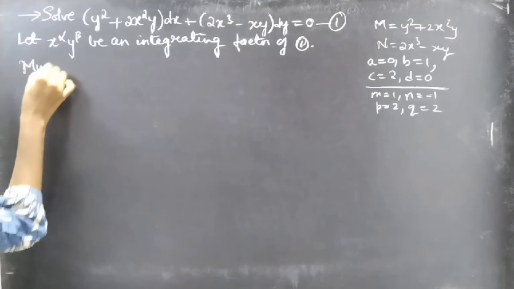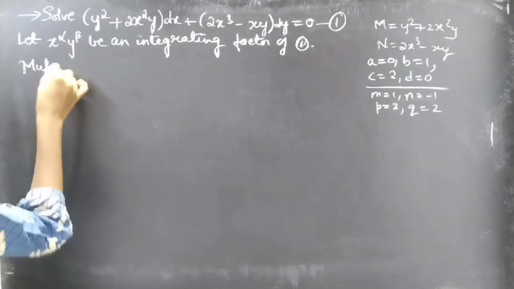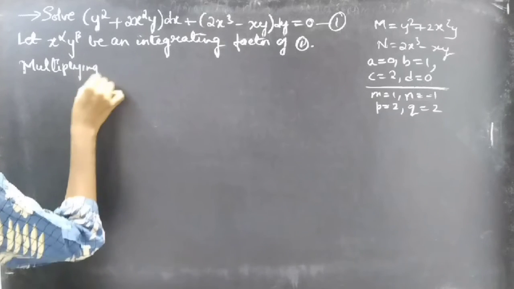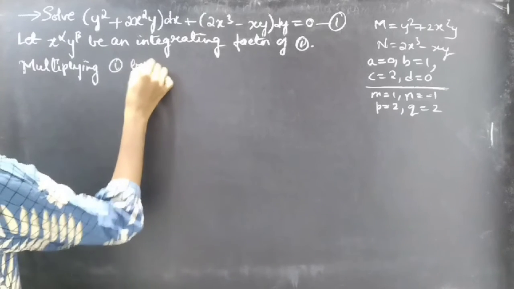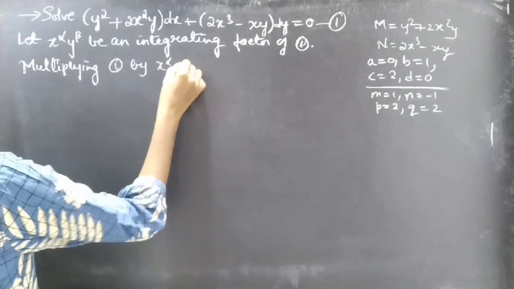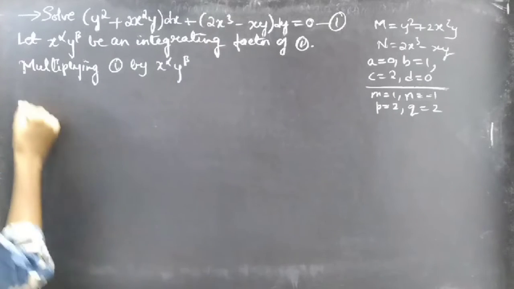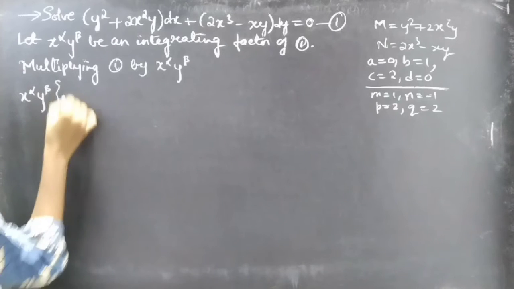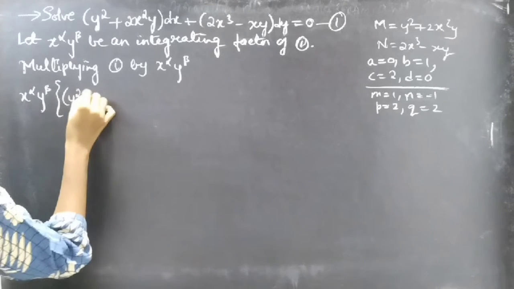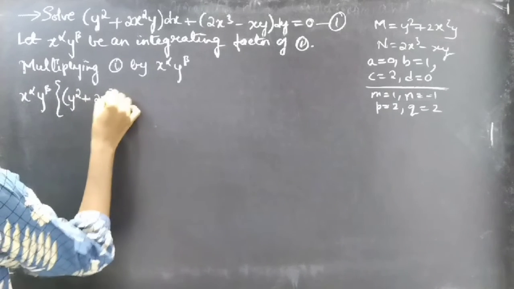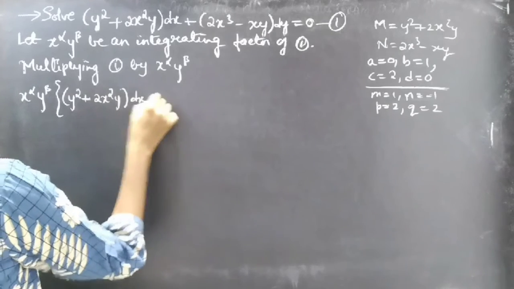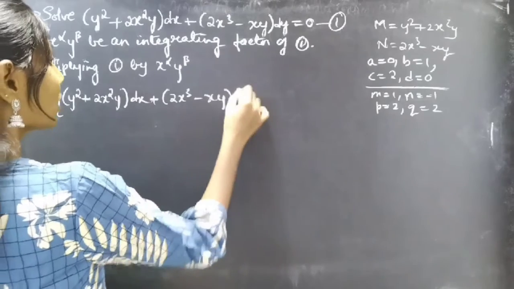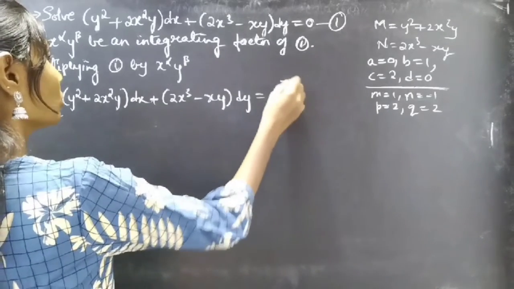Now we'll multiply this integrating factor to 1. Multiplying 1 by the integrating factor x power alpha y power beta, just multiply the integrating factor to the given differential equation: (y square plus 2x square y) dx plus (2x cube minus xy) dy equal to 0.